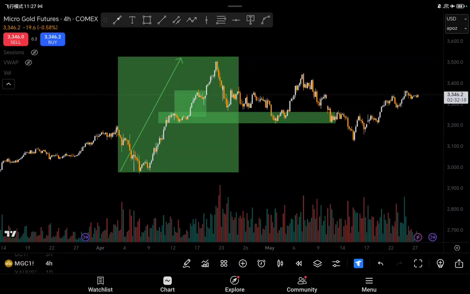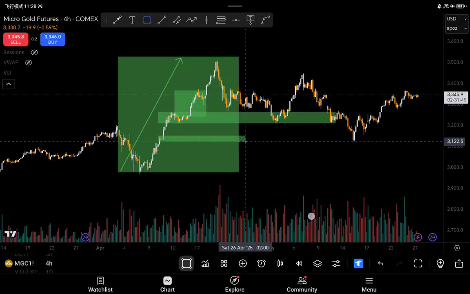So where did all the big moves happen? Just now I explained to you that most of the time the market is in a sideways movement before a big move. So we want to see where the sideways happened and where the big move happened. For example, when this one pushed up, we can see there was some sideways movement here and then it slowly moved up and slowly moved up. Then we can see this one.